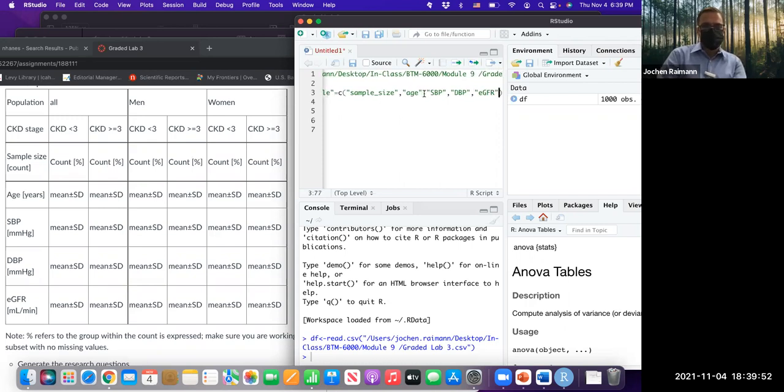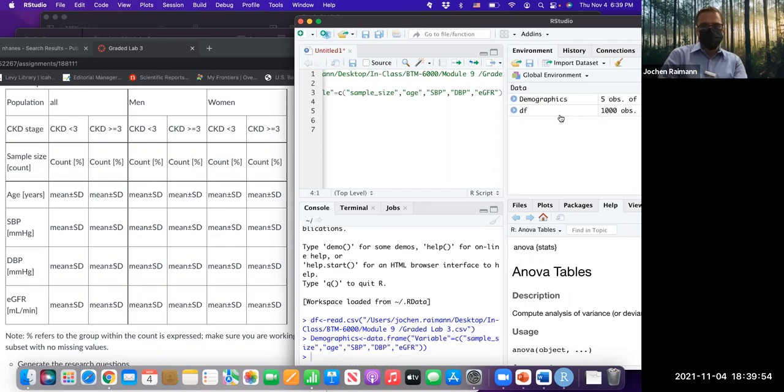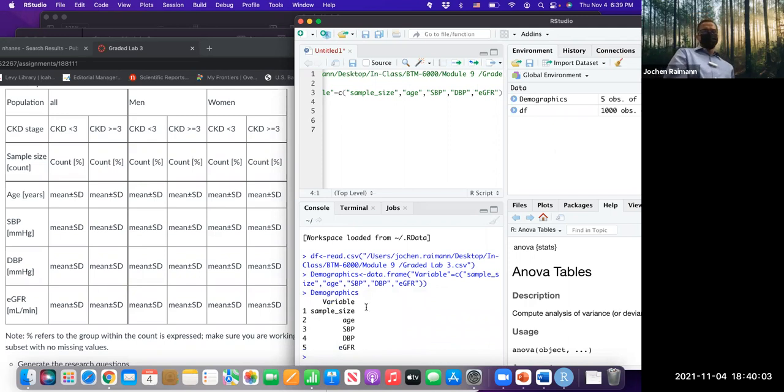So if you do this, what will you see? If you start demographics, you get this outline. You get variable, sample size, age, SPP, DPP, eGFR.